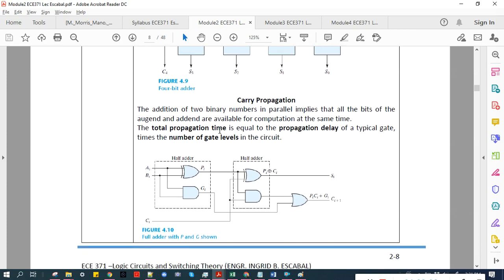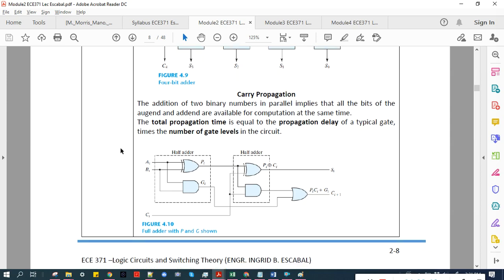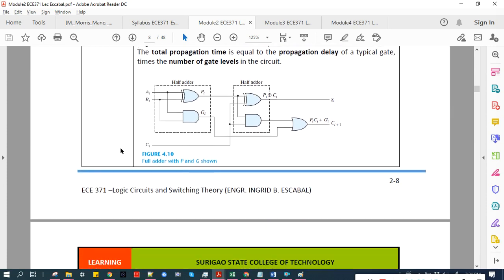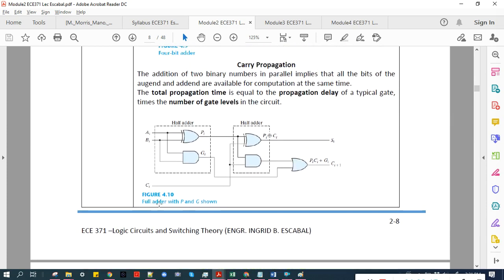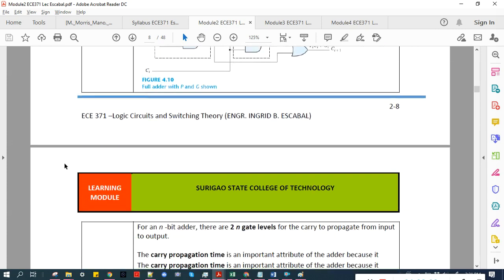So the total propagation time is equal to the propagation delay of a typical gate times the number of gate levels in the circuit. Full adder with P and G shown. What are these P and G?